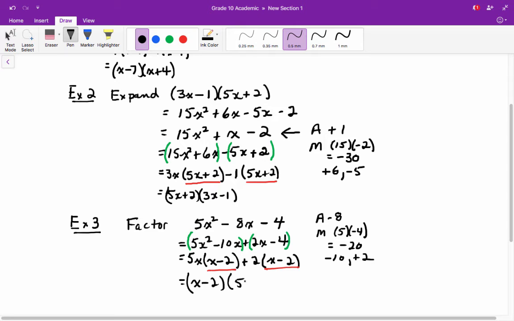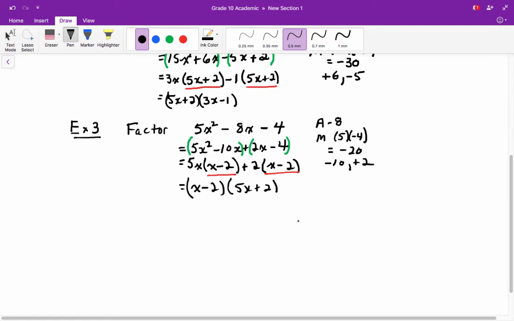and 5x plus 2. If we want to do a check, we just expand. So the check: x minus 2, 5x plus 2. Remember, our goal is to end up with the original trinomial.